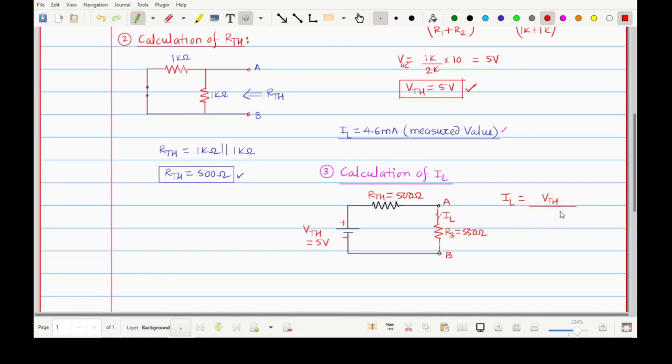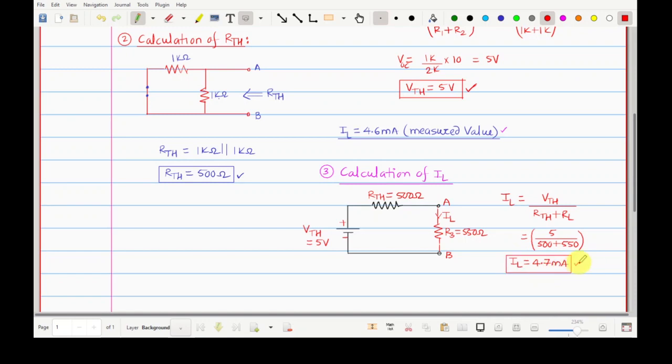VTH, divided by the resistance. What is the resistance present here? RTH and RL. Now we will put these values. We have written the values over here, and when we calculate, we get the value of IL. This comes out to be 4.7 milliampere.